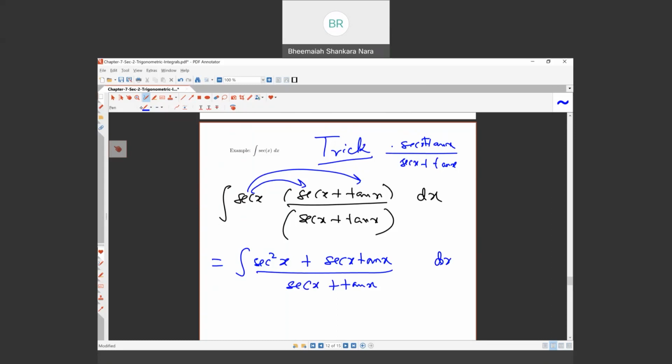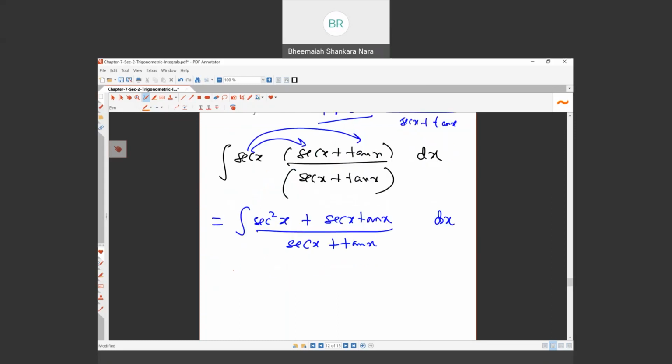Now try to use this substitution where we assume u is secant x plus tan x, the denominator. Differentiate this: du equals, differentiate secant x, you get secant tan, differentiate tangent x, you have secant square x, and then a dx.